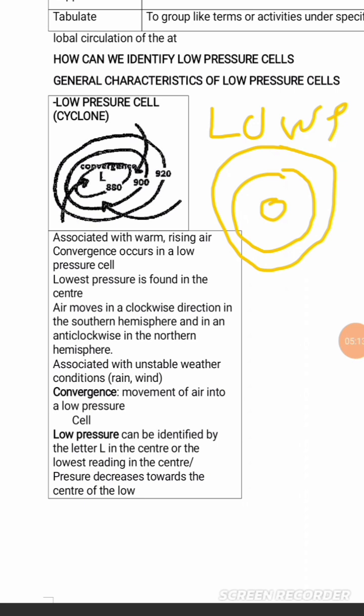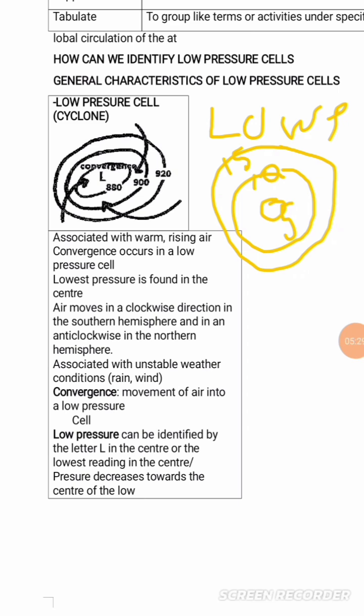Let's say here we have 5, then here we have 10, then here we must have 15. This is the meaning of the low pressure.